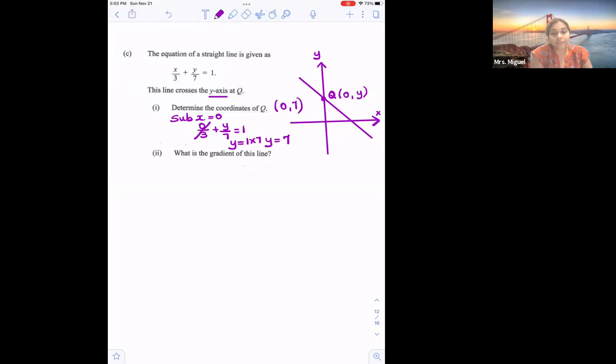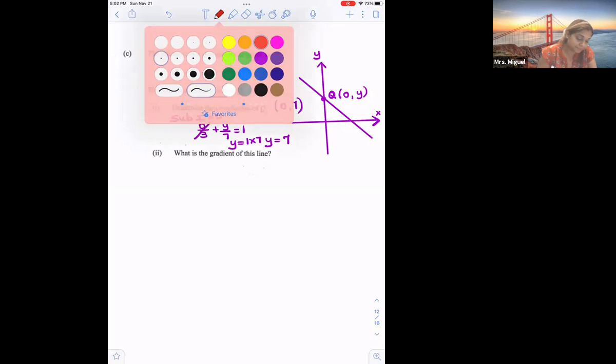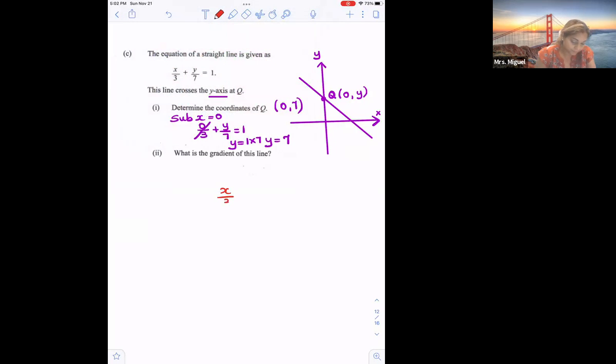The coordinate of the point is 0, 7. So we want the gradient of this line. So we need to rewrite it as y equal to mx plus c. I will leave the y/7 and carry this term across. By doing so, this becomes -x/3 plus 1.